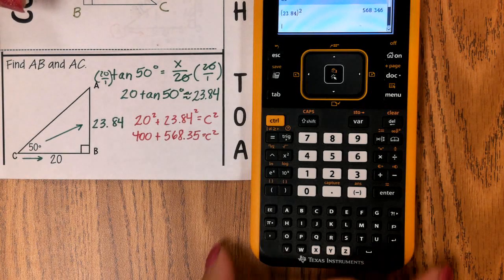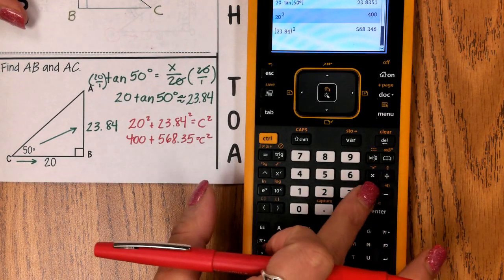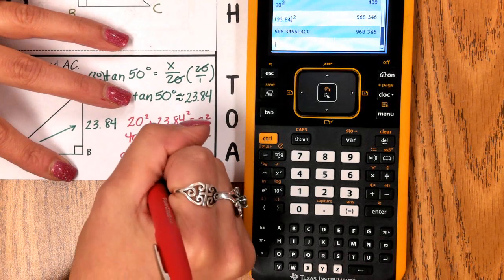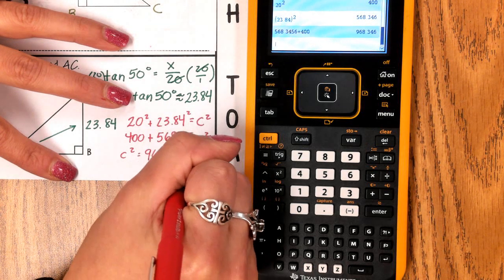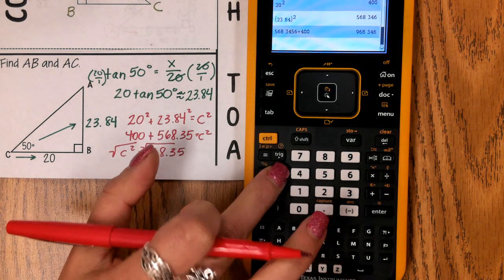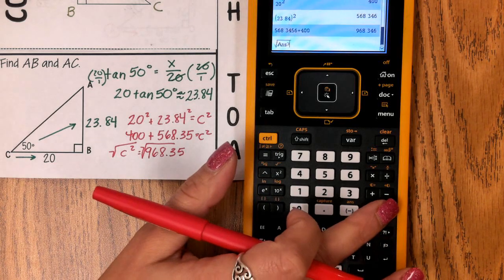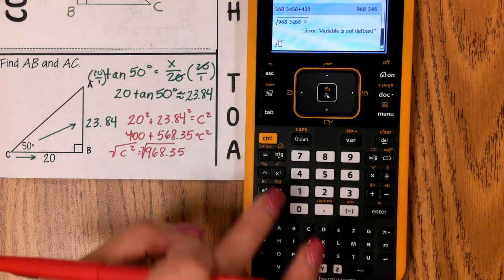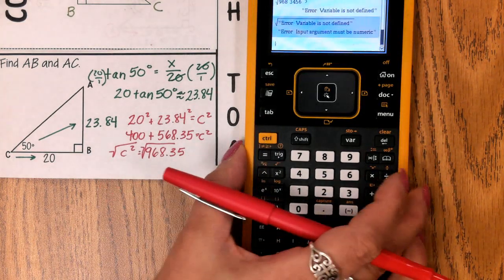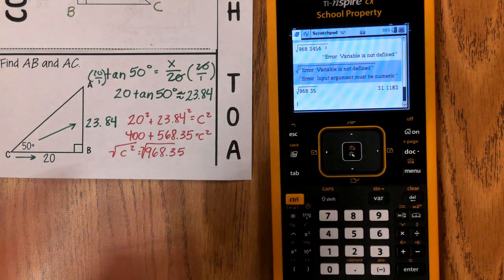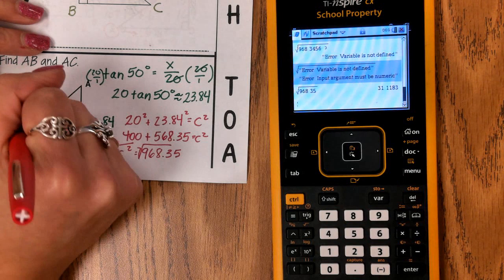Then we would add those together, and your last step would be to find the square root of that number. That would be about 31.19.